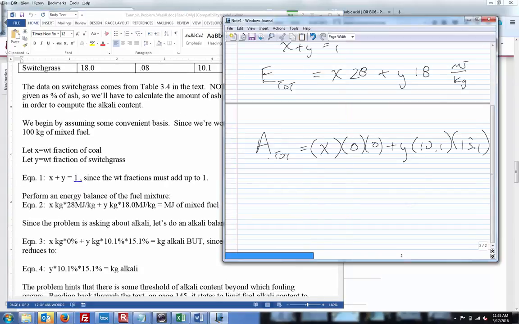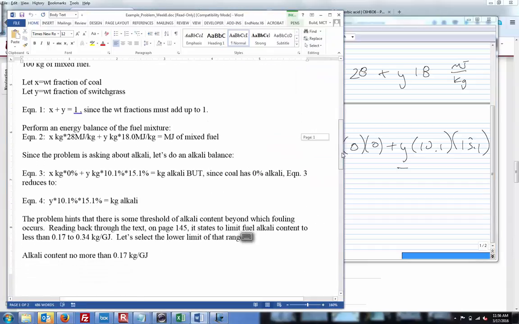Equals A. So we're looking for A, and we're also looking for X and Y. So right now we've got 2 equations and 3 unknowns, well, maybe 4 unknowns if you count energy total.